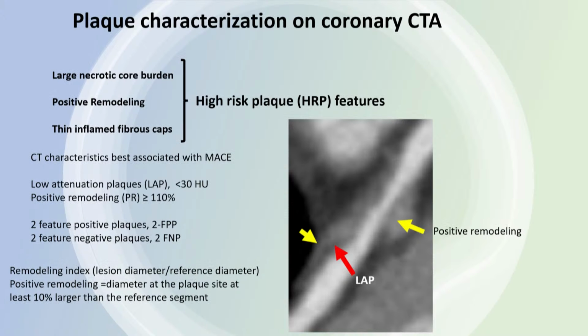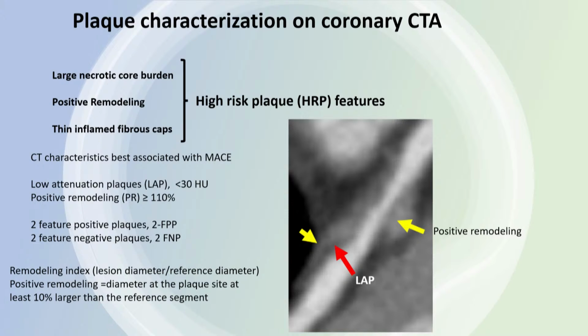By the remodeling index, which is the lesion diameter divided by a proximal normal reference diameter. Positive remodeling would imply that the diameter at the plaque site is at least 10% larger than the proximal reference segment.